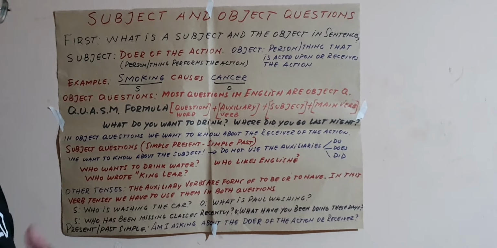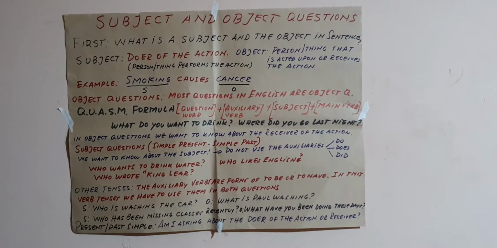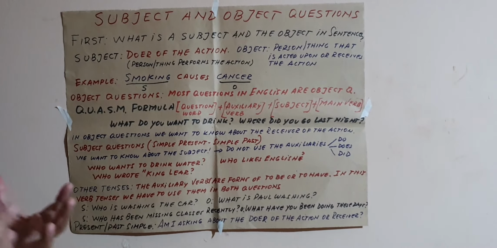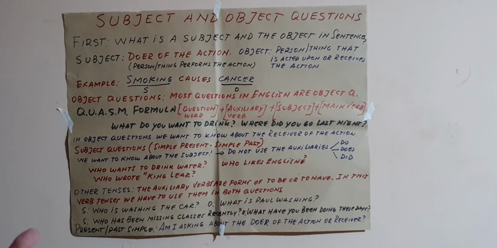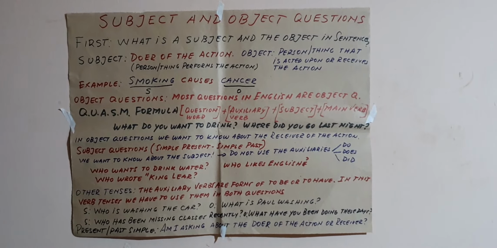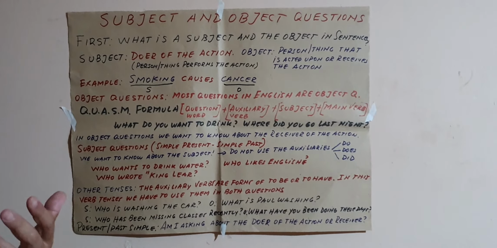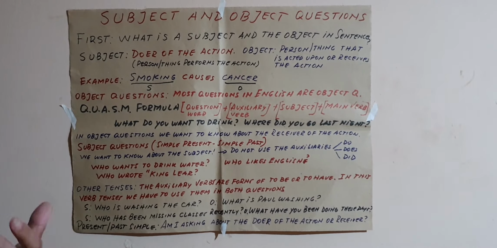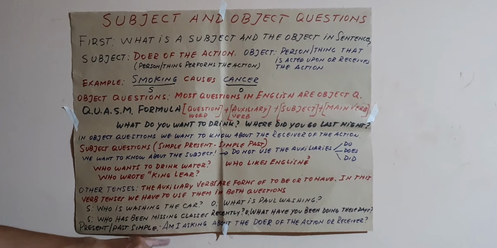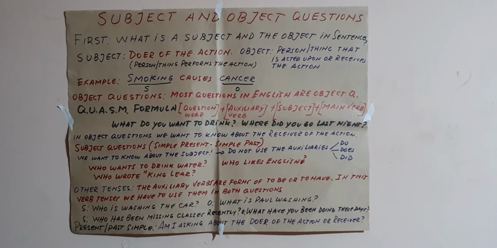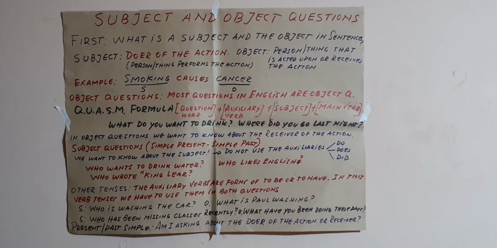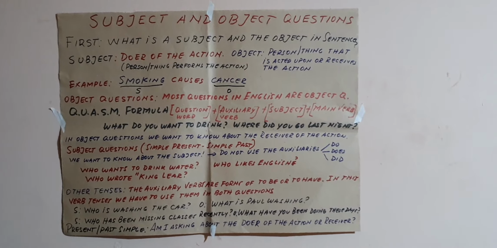And you may be asking yourself at this moment of this explanation, when do we have to ask subject or object questions, or how do I realize what kind of question it is? It is very simple. Look at this. You have to ask yourself, am I asking about the doer of the action or the receiver?